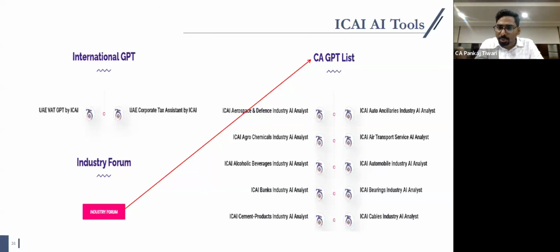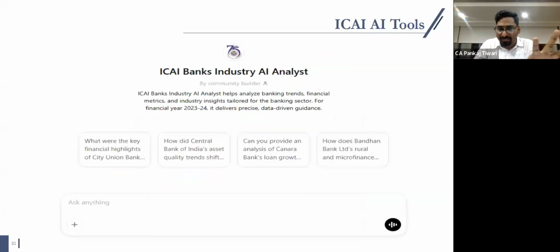And for example, I'll show you for banks. I go to ICAI Bank Industry AI Analytics, which is fourth from the top. Once you click on it, it will appear like this: ICAI Bank Industry AI Analyst.